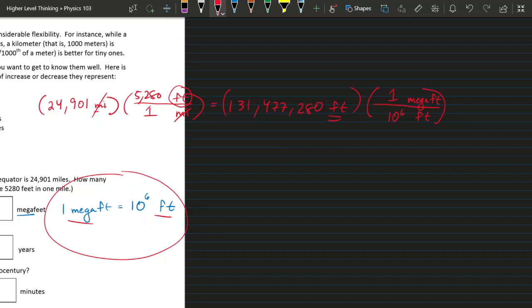So what we're doing is we're taking this number in feet and dividing it by a pretty large number. So we'd expect our final answer to be a lot smaller. Dividing by a really big number, 10 to the 6th, is the same thing as moving the decimal 6 places to the left. 4, 5, 6. And we get a new answer of 131.74 megafeet.